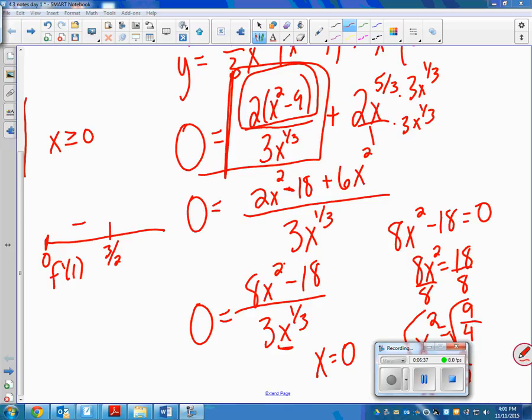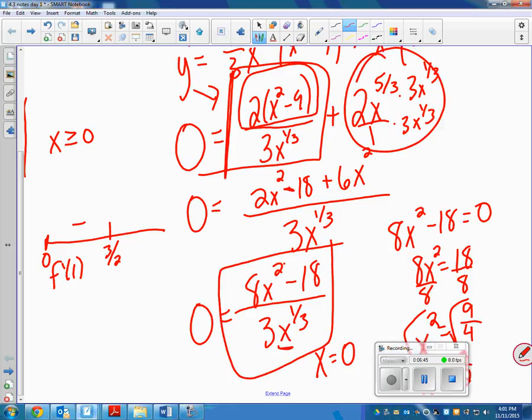Okay, goodness gracious, I was having an issue. Here's my problem. Hopefully you guys figured this out. This is not my derivative, right? This was my simplified derivative. I was missing this whole part here. Whew, okay, sorry. We're plugging this into my simplified derivative, which should be this part right here.